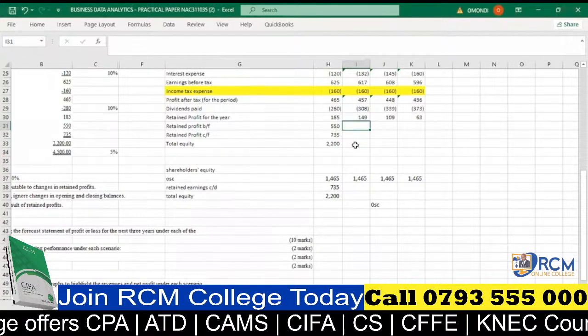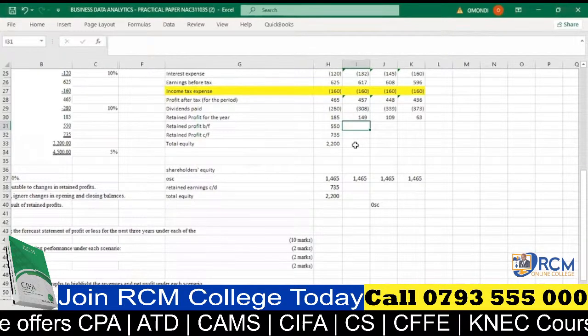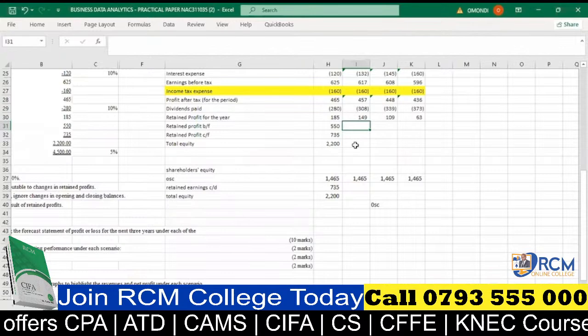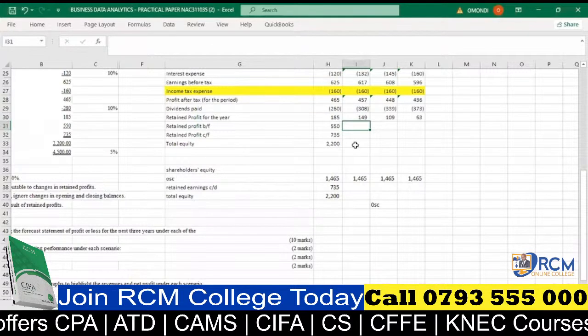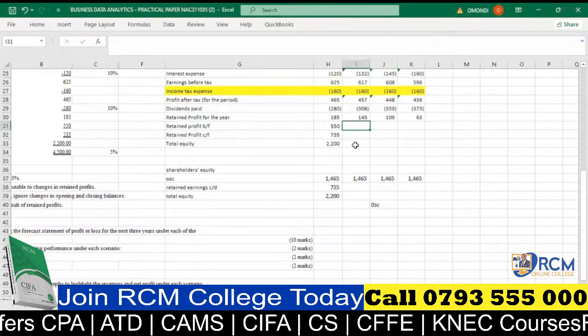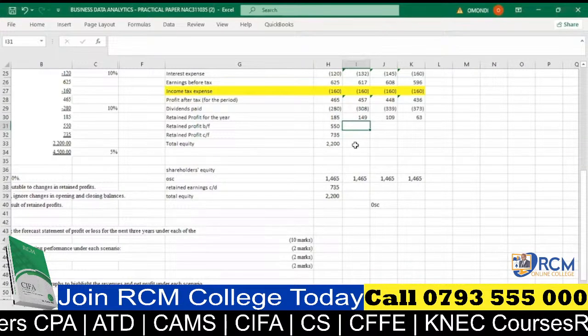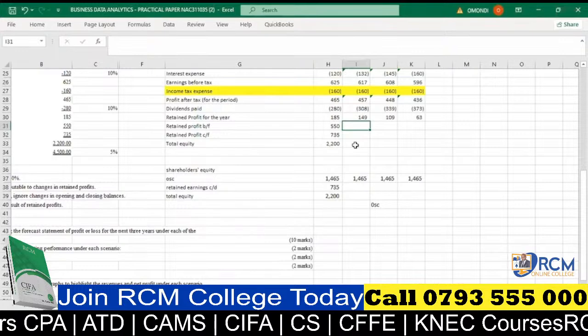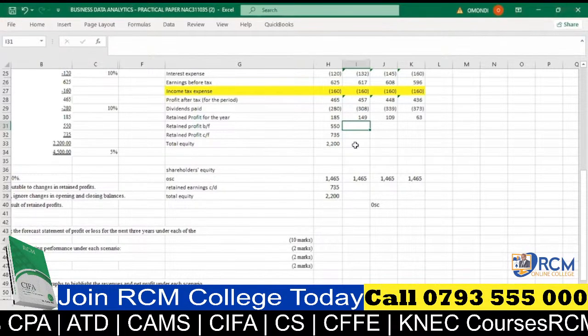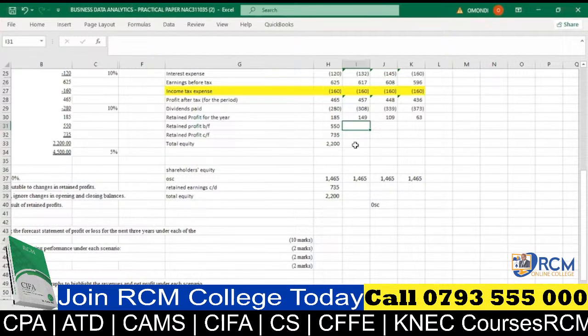Now someone give us that figure if you have understood. 884, no, you are lying to me. Whoever says 884 is lying to me. No. You don't even need to calculate that one, just type that one. Mwende, please.